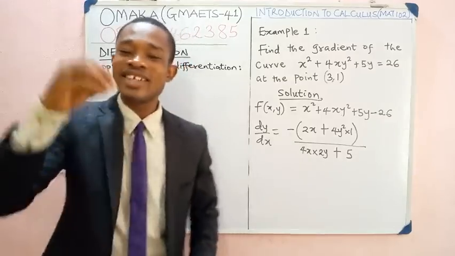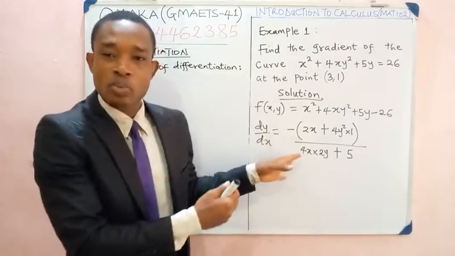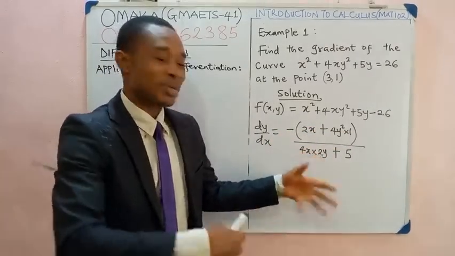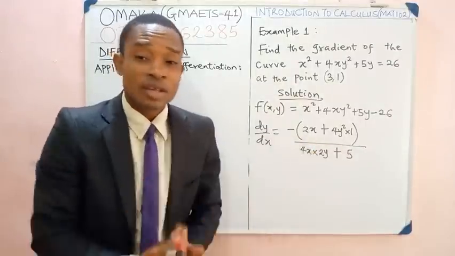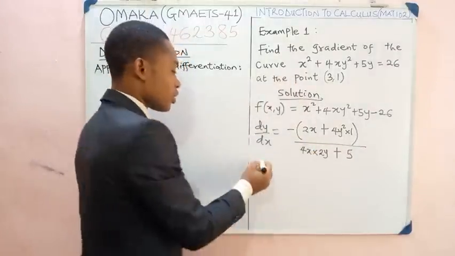Now, what we are asked to find is the gradient at a given point. At this stage, I don't need to punish myself simplifying this, to get maybe 4 times 2, you have 8x and the rest. It is the gradient I'm looking for. They gave me a point, so I'll simply substitute this point.